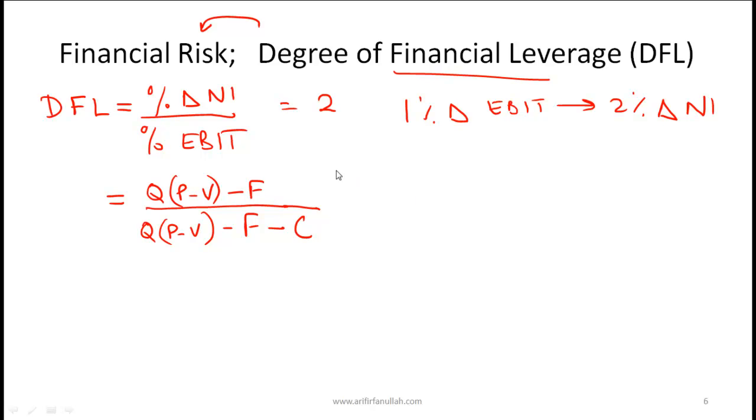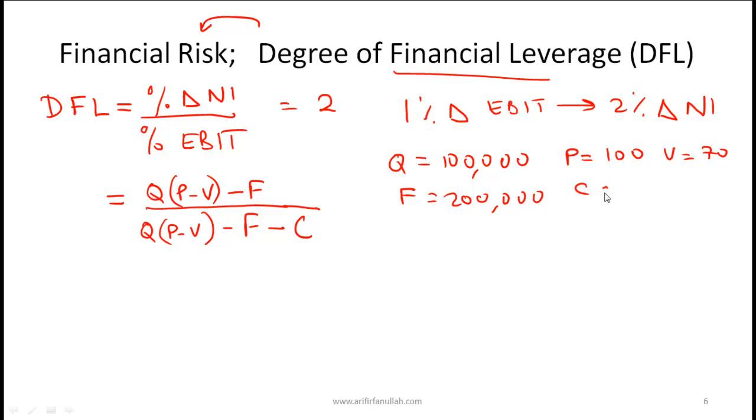So continuing with the example that we just saw, let's say that the same company which makes cricket bats, so quantity again, let's say we plan to sell 100,000 and we have again price equal to 100, variable cost equal to 70, and fixed cost was equal to 200,000. Now we also have an interest cost equal to 50,000.